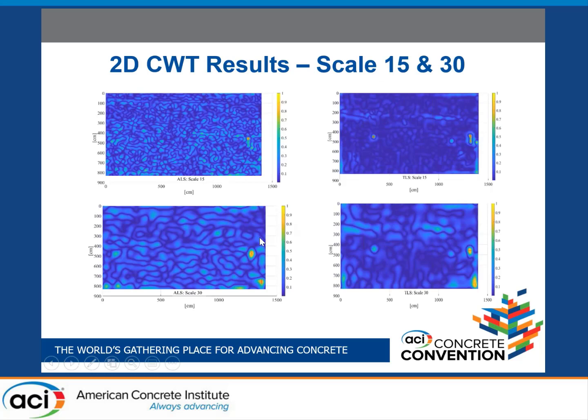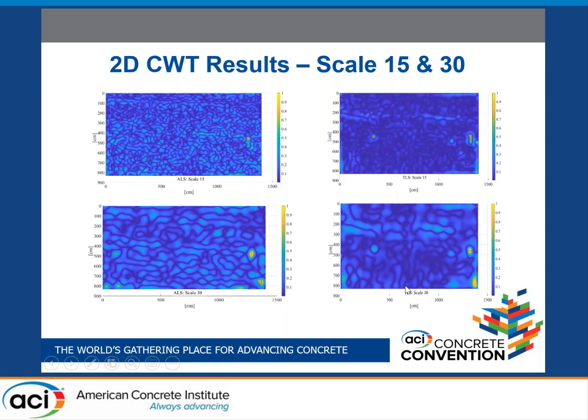And these are the results we obtained. As you see, this is the ALS, the drone-based data, and this is the terrestrial laser scanner data. As you see here, there's an undulation that was detected when we used the terrestrial laser scanner. We could not detect that when we used the drone-based one.